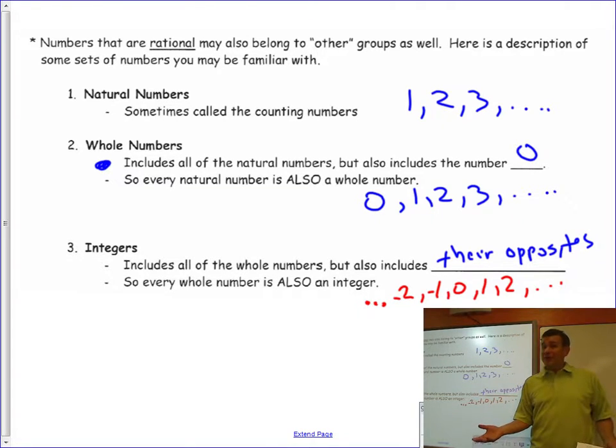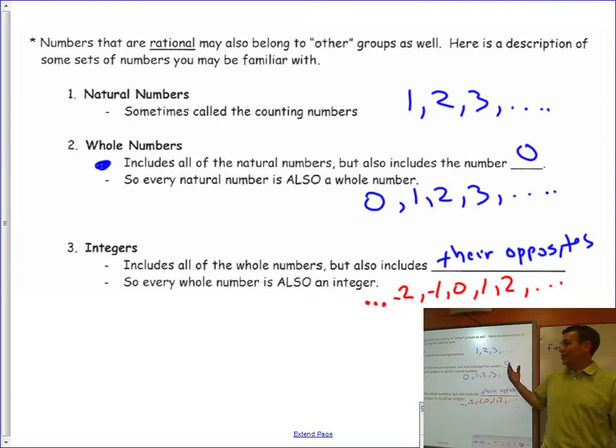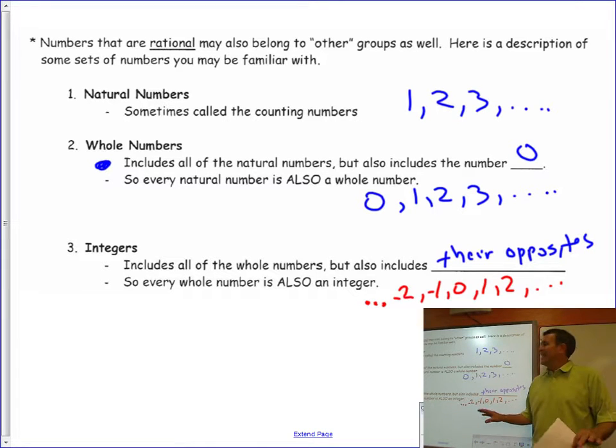Remember, every number is either rational or irrational. And numbers that are rational might also belong to some of these groups. And that is going to be most of your job on the homework, to determine all of the groups that different numbers belong to.